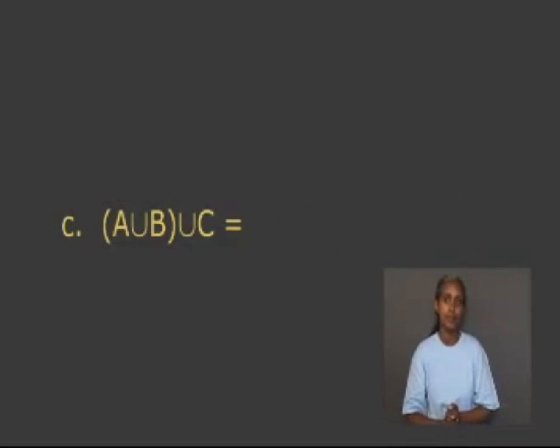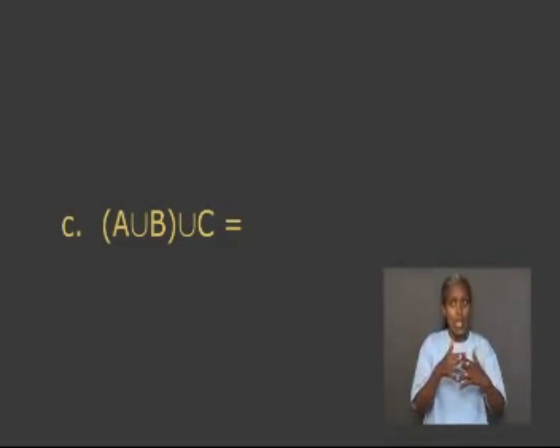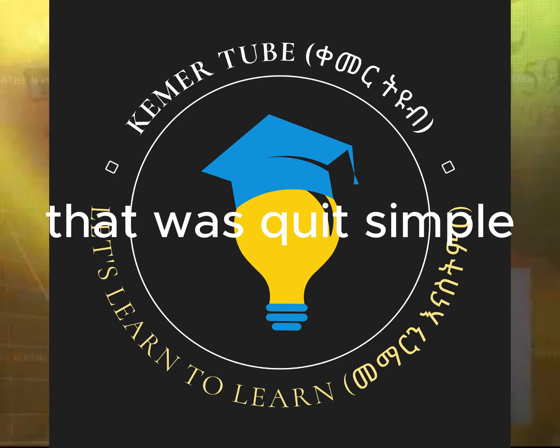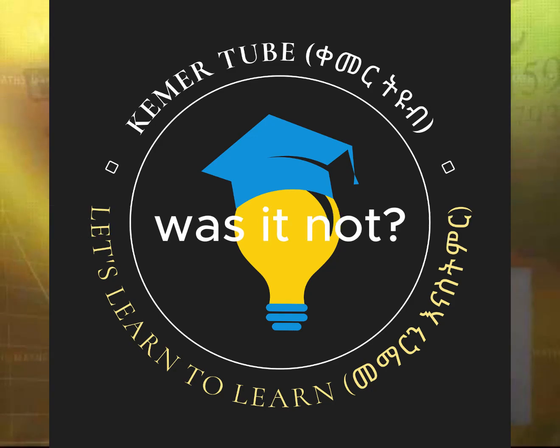A union B, union C is the set containing 1, 2, 3, 4, 5, 6, 8. That was quite simple, was it not?